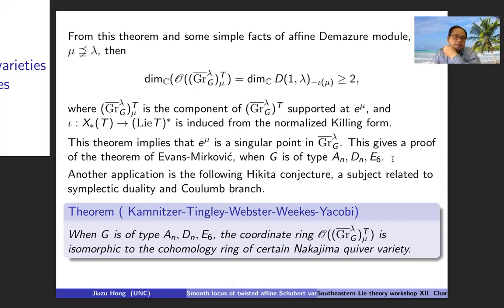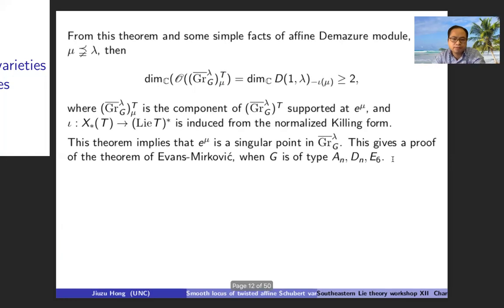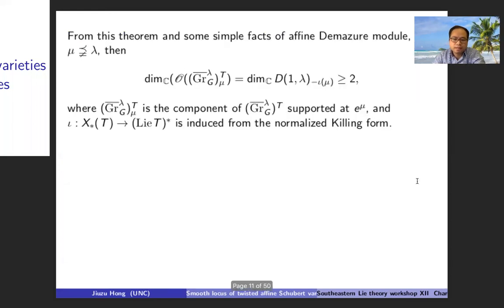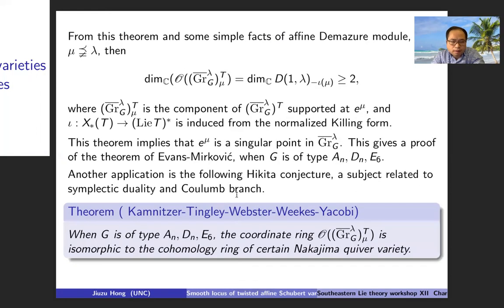In fact, there's another interesting application of the previous theorem. Let me go back. So this map being an isomorphism has an interesting application, called the Hikita conjecture, a subject related to symplectic duality. This theorem is due to Kamnitzer, Tingley, Webster, Weekes, and Yacobi, and it is really based on the previous isomorphism.